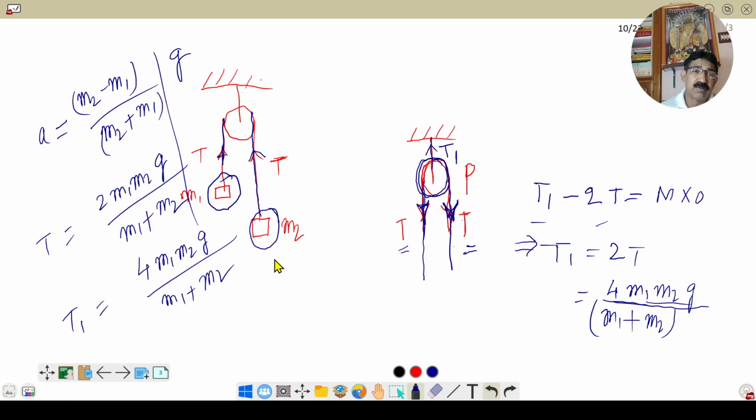There are so many problems related to connected bodies, pulleys and strings, and these three principles will be applicable, and we have to determine the condition or the equation in a judicious way depending upon the situation. You have to wait to see the mode of solutions for different types of pulleys.